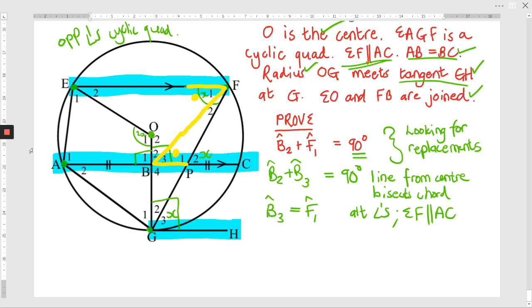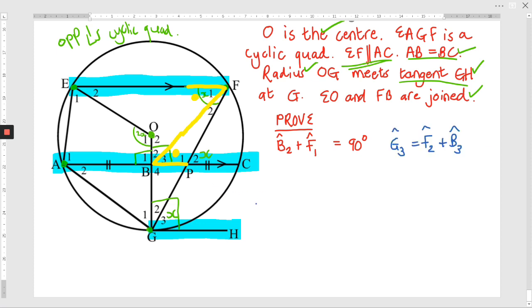We'll see. Then I've got to prove that G3, which I've labeled X, is the same as F2 plus B3. So again, I'm going to try and look for a way of replacing with that. Okay, so I can see here that there's going to be another X because I've got my parallel lines.